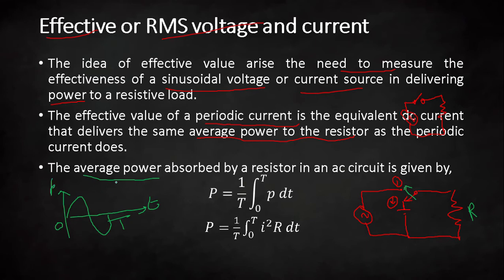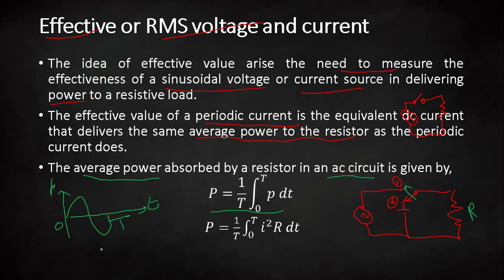So average power is 1 divided by T, integration 0 to T of p dt. That is the power absorbed by a resistor in case of an AC circuit.